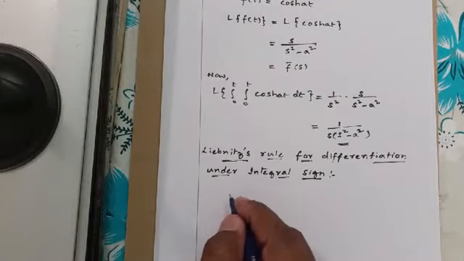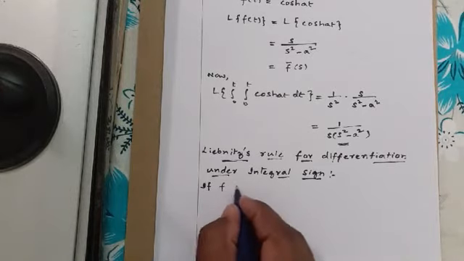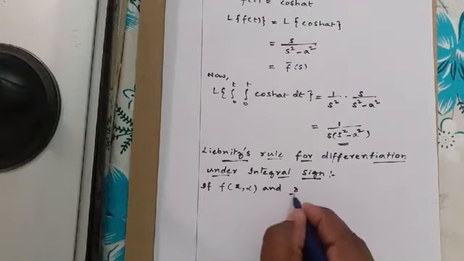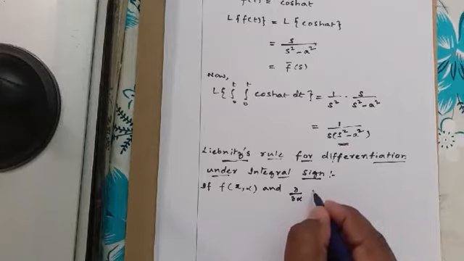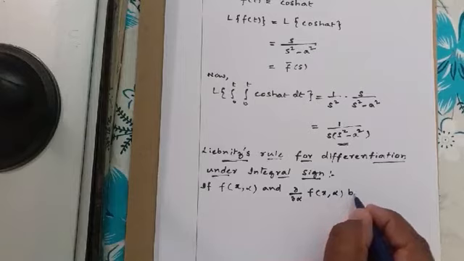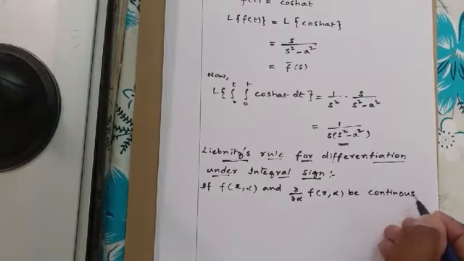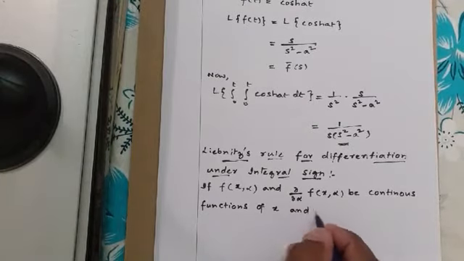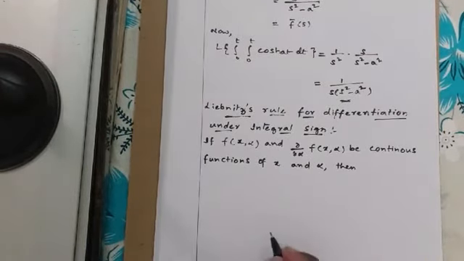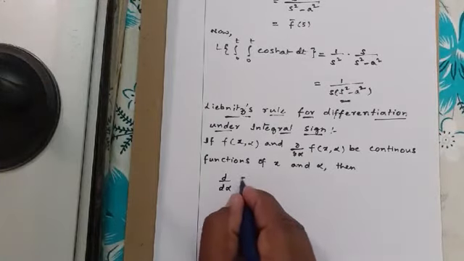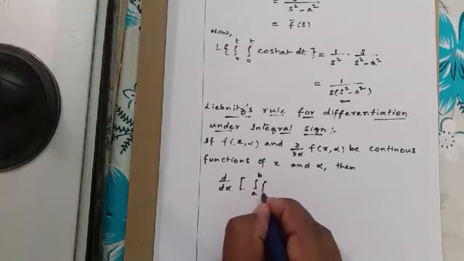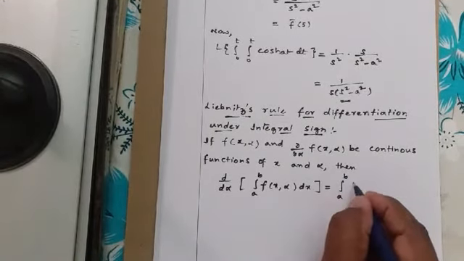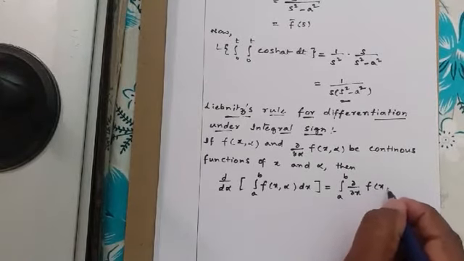What is Leibniz rule for differentiation under integral sign? We will write here first. That is, if f of x comma alpha and dou by dou alpha f of x comma alpha are continuous functions of x and alpha, then d by d alpha in bracket integral a to b f of x comma alpha into dx is equal to integral a to b dou by dou alpha f of x comma alpha dx.